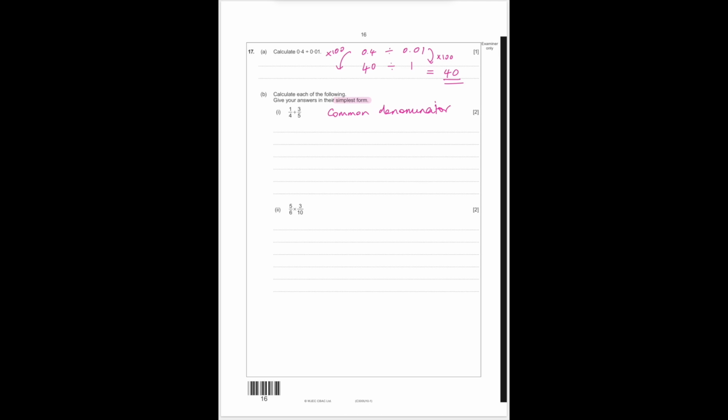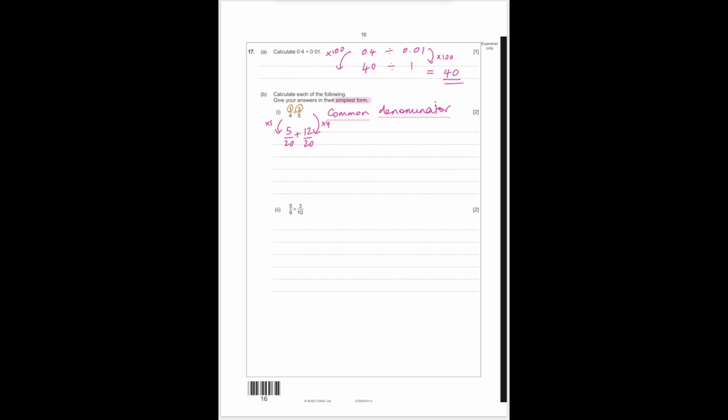Now, you can find the lowest common multiple of 4 and 5, or you could simply just do 4 multiplied by 5 and use that number. So I'm going to do 4 times 5 to get 20, and then I'm going to do the 5 on the bottom times 4 to get 20. But what I have to remember to do is do the same to the top. So on the left hand side, I'm doing 1 times 5, and on the right hand fraction, I'm doing 3 times 4.